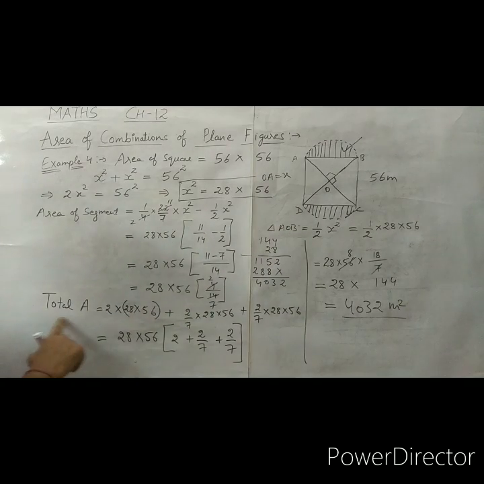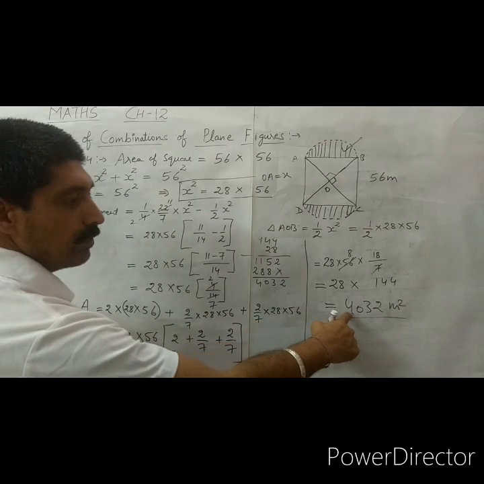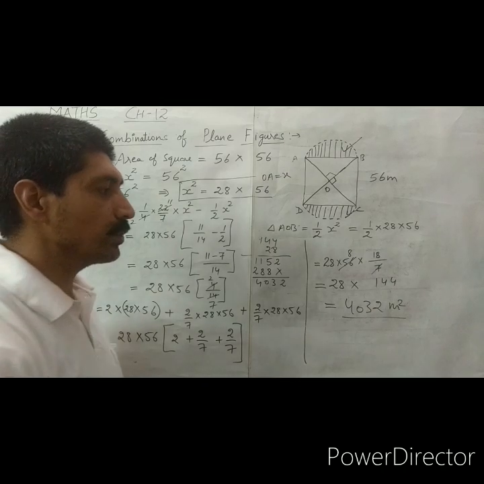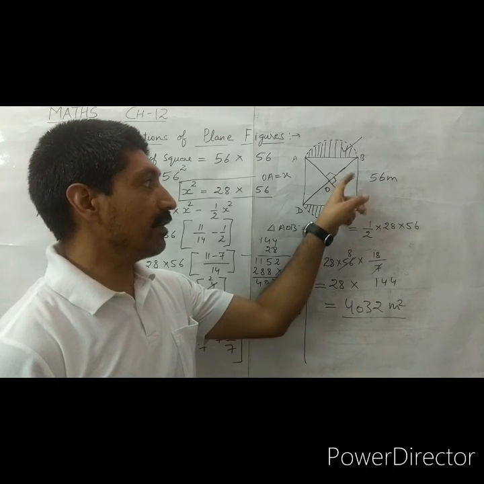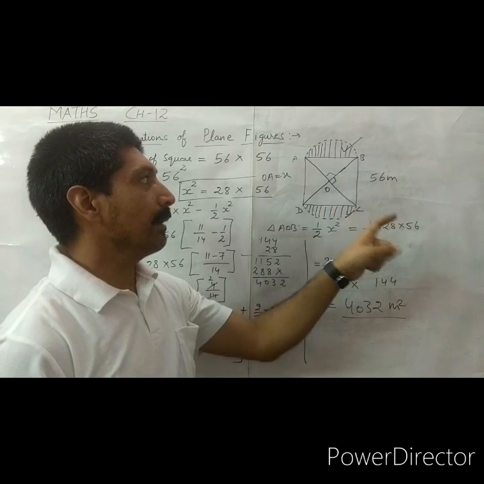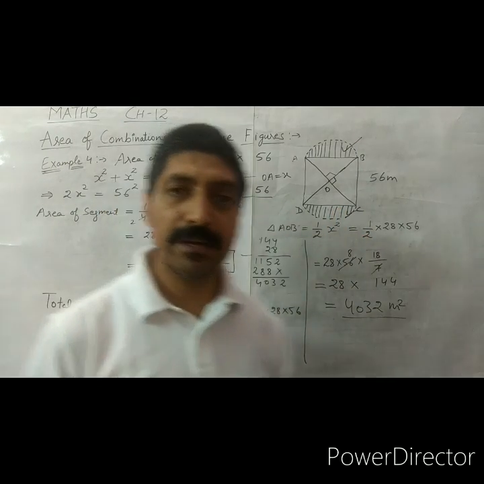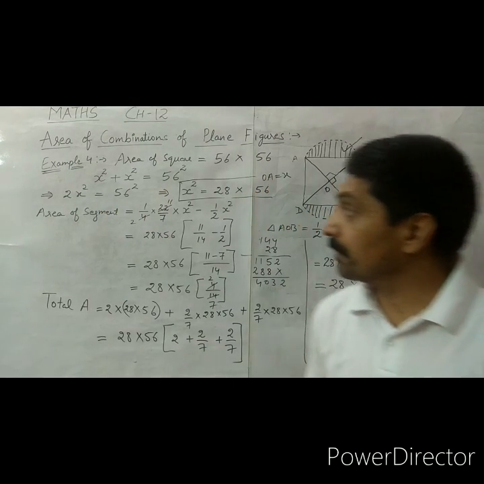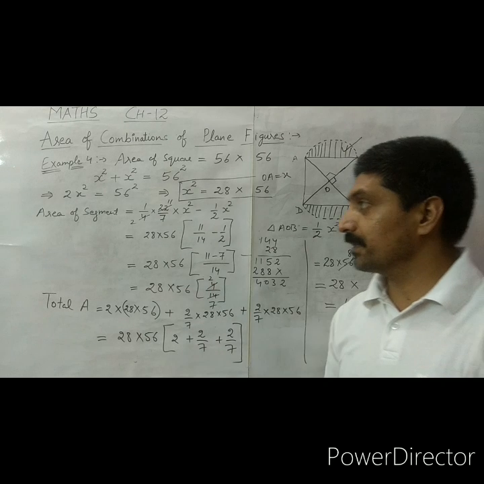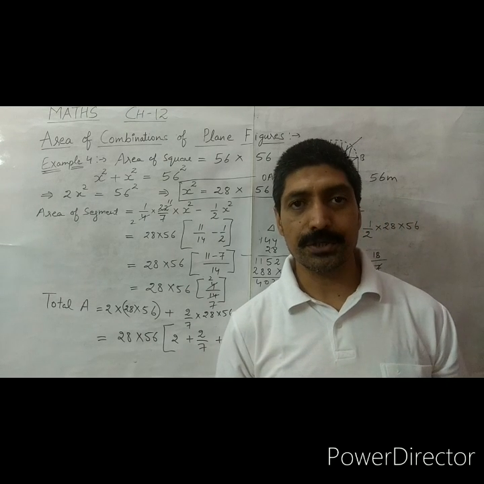So the total area is equal to 4032 meter square, the area of the square lawn plus 2 flower beds. This is a very important question. Most of the time it is asked in the examinations.